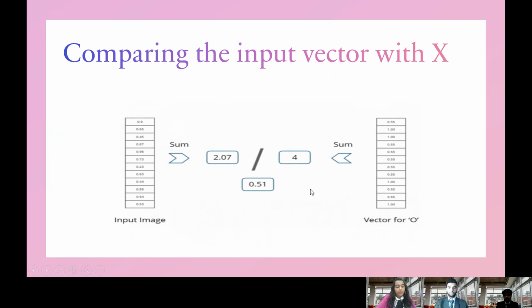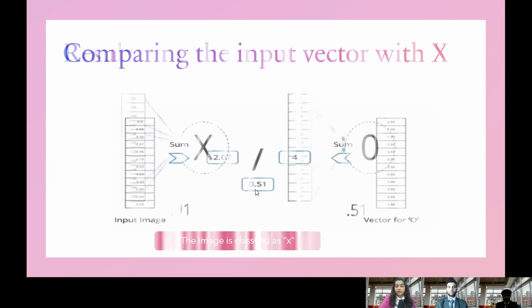For vector O, we sum 2, 3, 9 and 10. We get the sum 4, and similarly with the input image we also sum the higher values 2, 3, 9 and 10, and we get 2.07. We get the output 0.51.